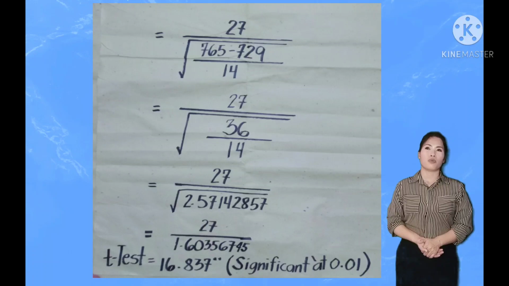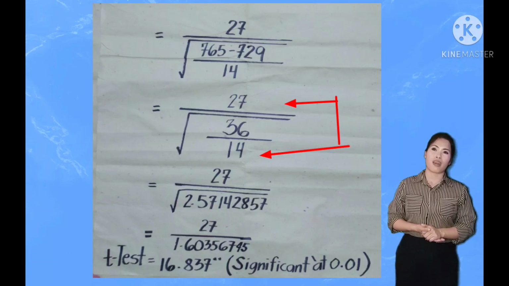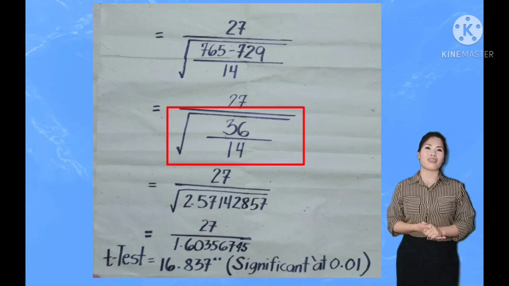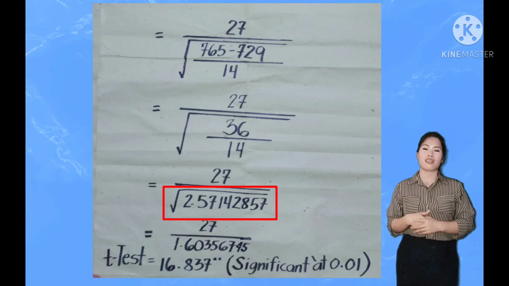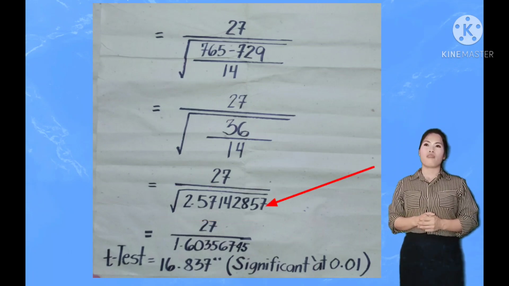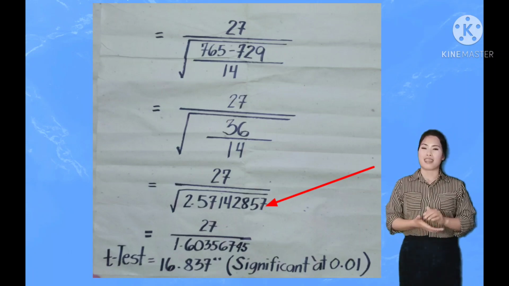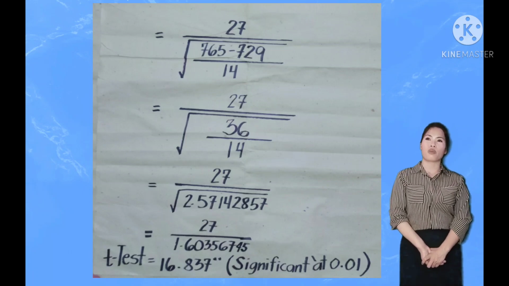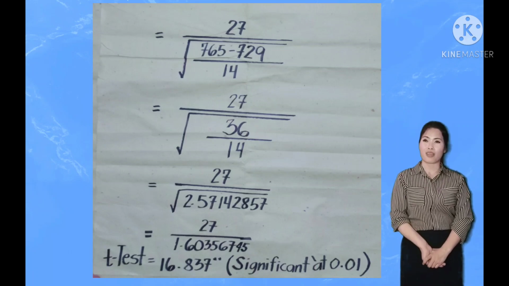Now we have 27 divided by the square root of 36 divided by 14. The first thing we need to solve is 36 divided by 14, which is 2.57142857. So that is why we put 2.57142857 here. Now we have 27 divided by the square root of 2.57142857.